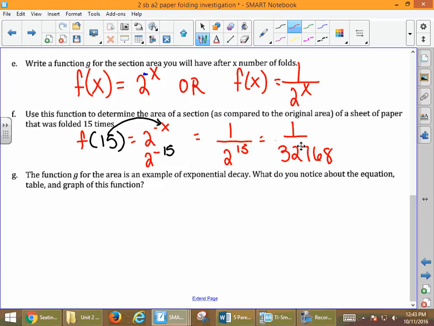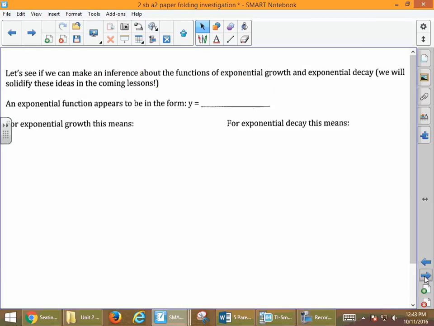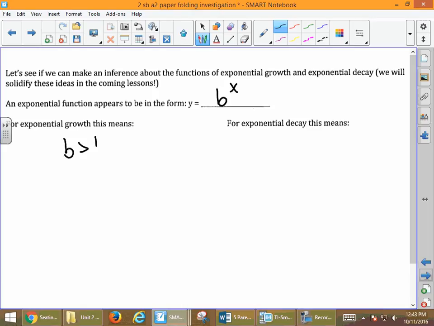So I'm going to skip G here for a minute and flip down to the very bottom. You can probably guess what I would put in the G. But I want to look here to wrap it up. And if we can make some inferences about our function, well, our function, an exponential function, is in the format of y equals b to the x. Well, in terms of a growth equation, our base, our b, is going to be greater than 1.